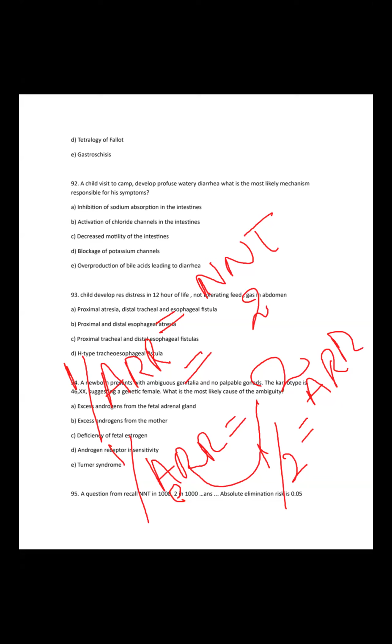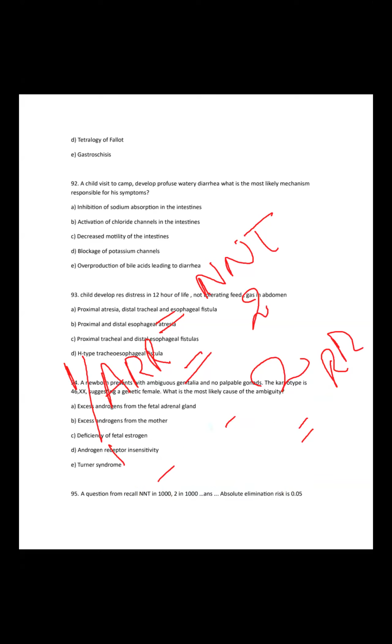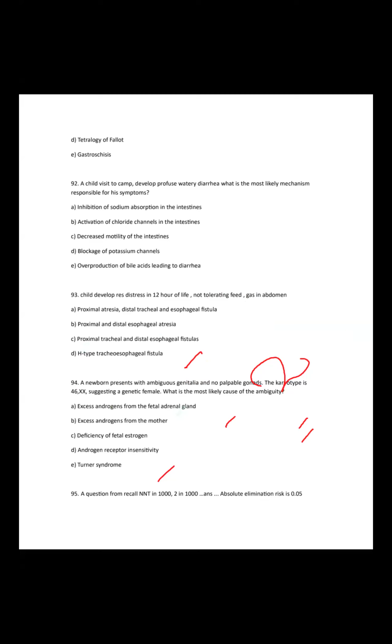NNT in 1000 people, so N is the number of people. In 1000 people, only 2 would have... 1000 divided by 2. Just a second, calculation.